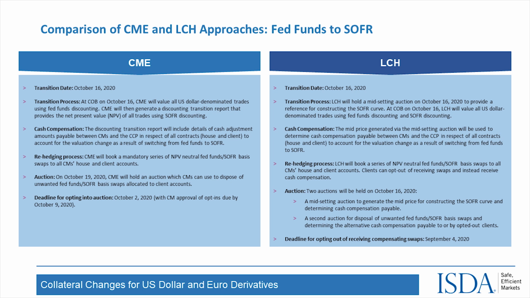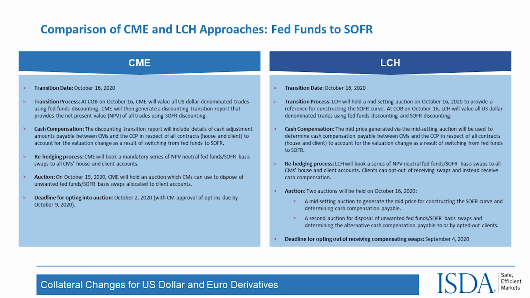The first one is a mid-setting auction, and the purpose of this is purely to generate a mid-price on Fed funds against SOFR basis swaps that can be used for the purposes of constructing the SOFR curve that will be used to value US dollar trades going forwards and also to calculate the cash compensation that's payable.